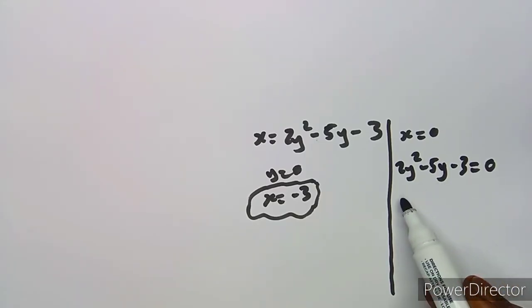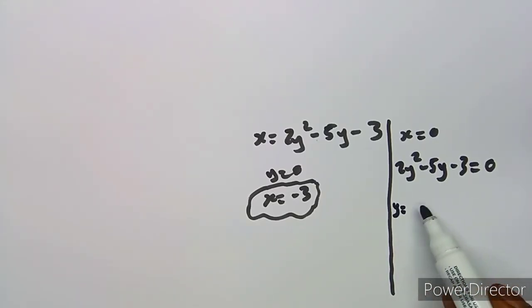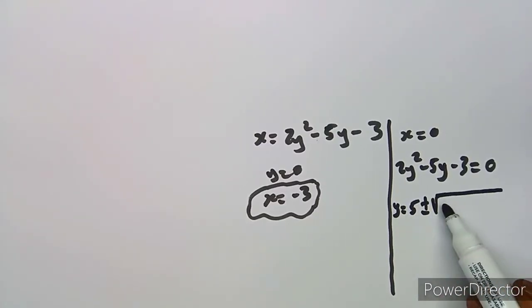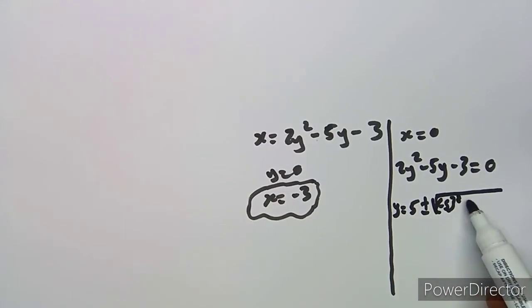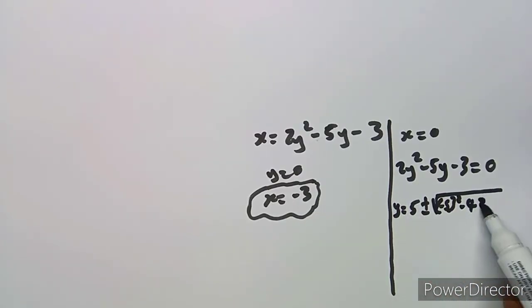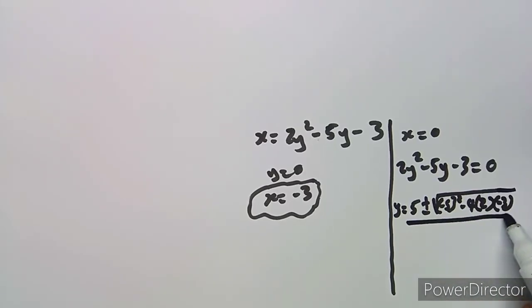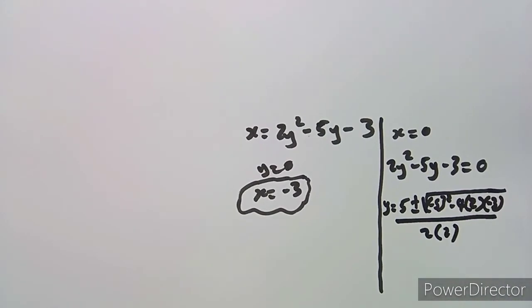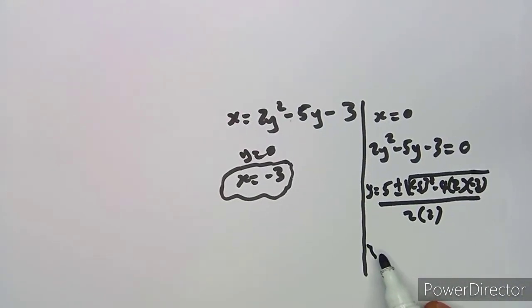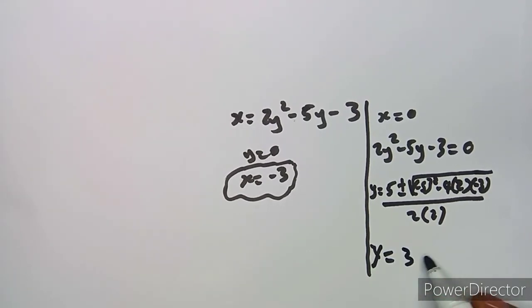If you solve properly, you have y is equal to 5 plus or minus the square root of -5 squared minus 4a, which is 2, times c, which is -3, over 2 times a, which is 2 times 2. Here we obtain two possible values of y, which is 3, or y, which is -1.